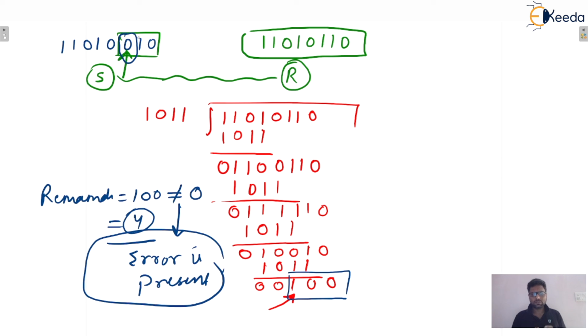The receiver can detect that some error is there, but the receiver doesn't know which bit got modified. If the receiver knew which bit got modified, then it could be corrected also. But the receiver doesn't know which bit got modified, so the receiver simply asks for retransmission, isn't it?